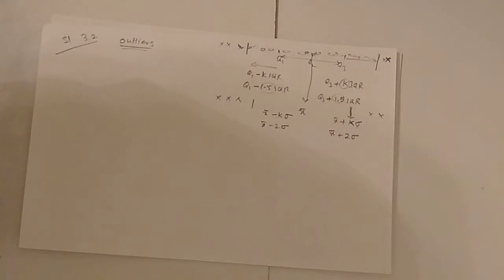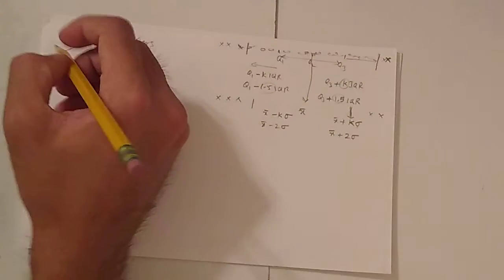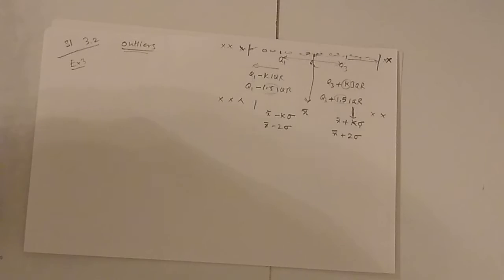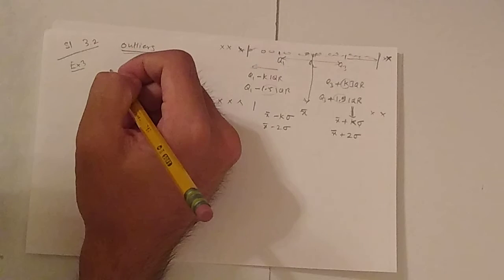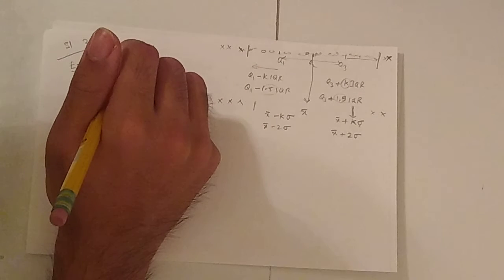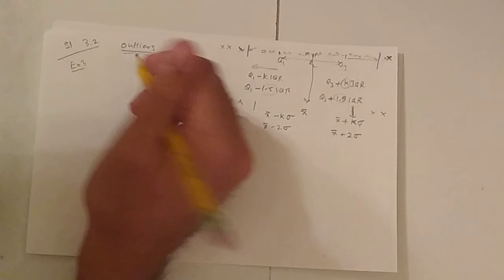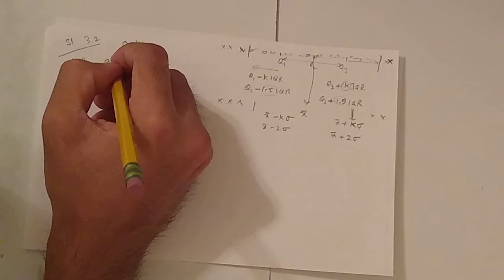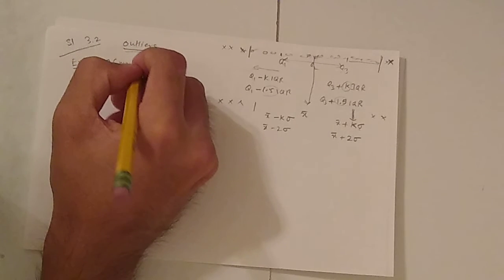Now let's consider example 3. In example 3, we have an example that uses the first method, the quartile method. Here they have given us the blood glucose level for 30 females, so n equals 30. The blood glucose level, let's say it is G, is in millimole per liter.